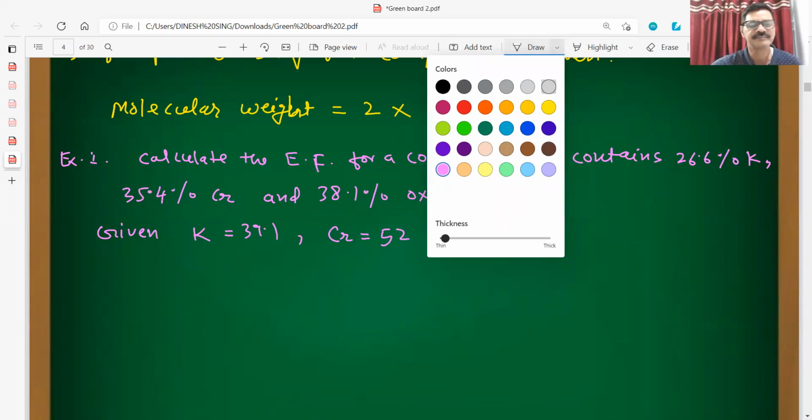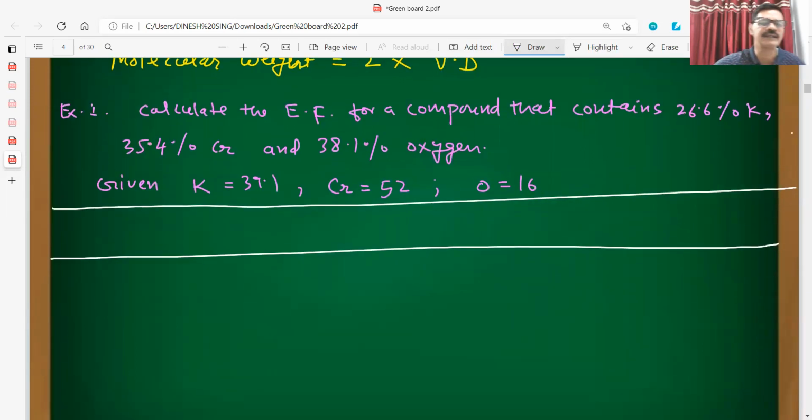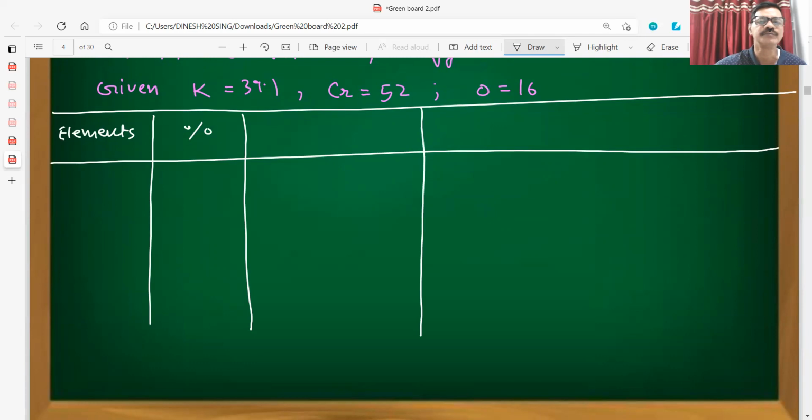That is, three constituent atoms are there. These are the elements, their percentage, simple ratio or relative ratio of atoms.